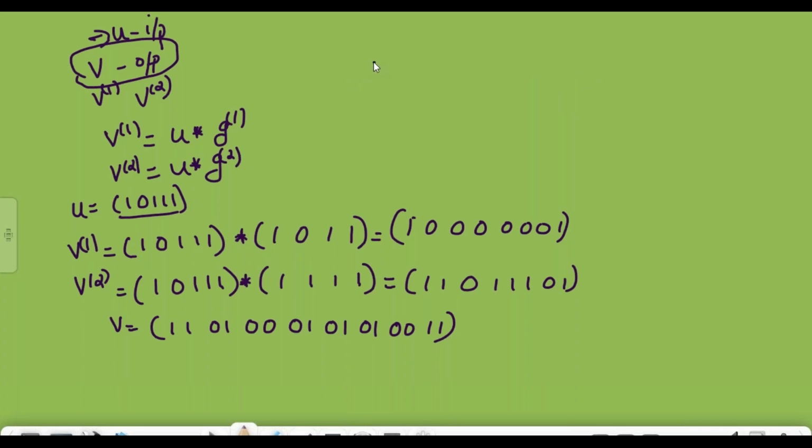First one is taken from G1 and G2, that is 1 1. Then next is 0 1, then 1 1, then 1 1, like that.